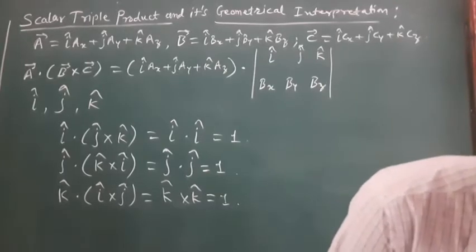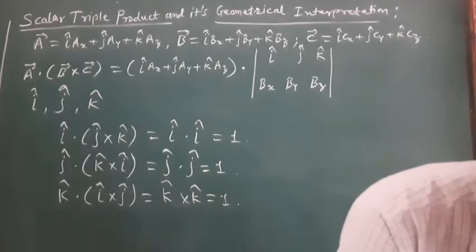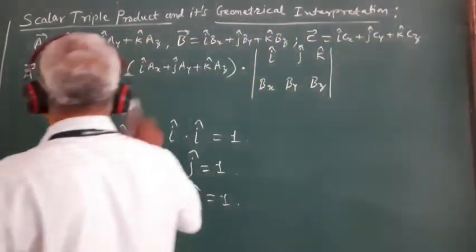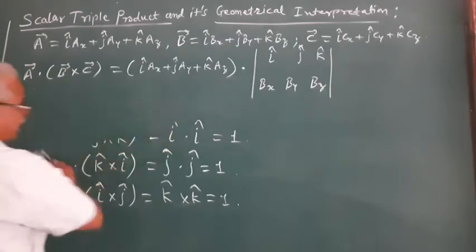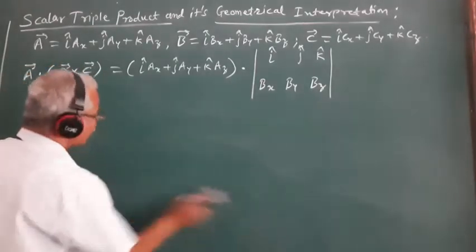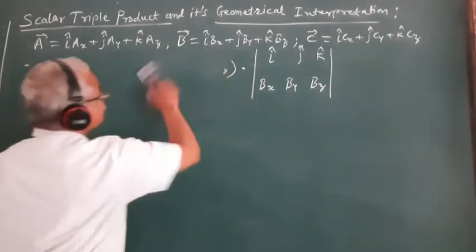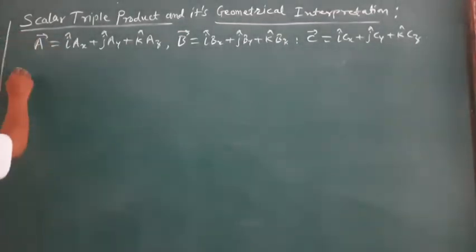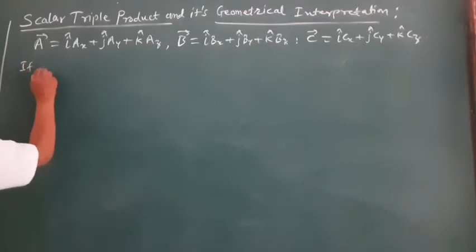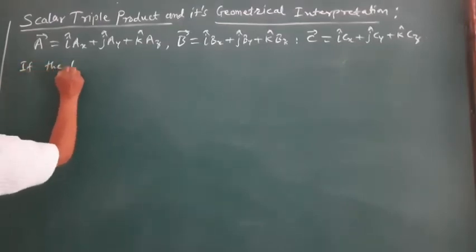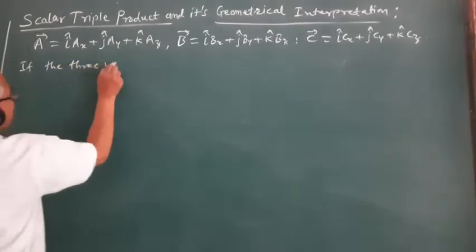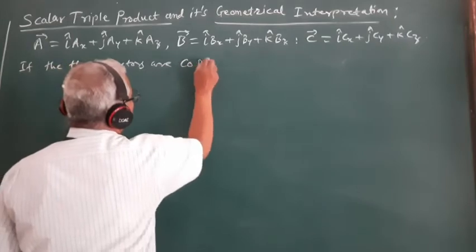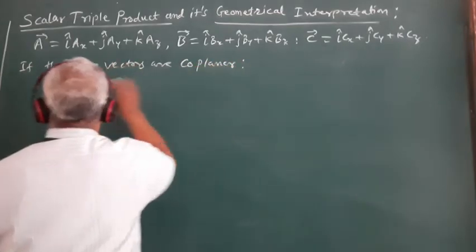Now the next point that we must remember here is, if all the three vectors are coplanar, what will happen? If the three vectors are coplanar, what will happen?